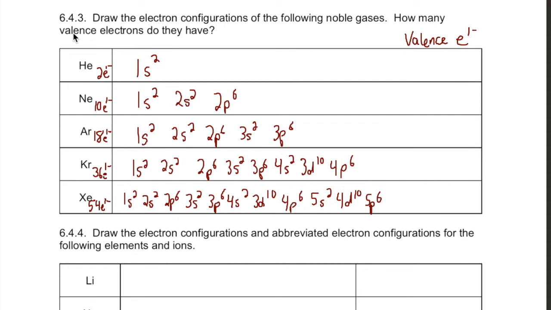Now we want to address this concept of valence electrons. These are the electrons in the outermost shell. And this is really important because when 2 atoms approach each other, what's on the outside is the electrons. The nucleus and the protons and neutrons are way inside. So the electrons are on the outside.